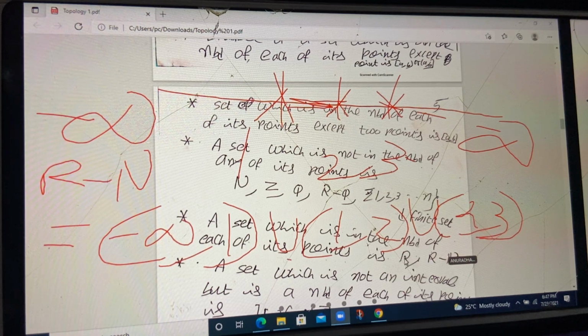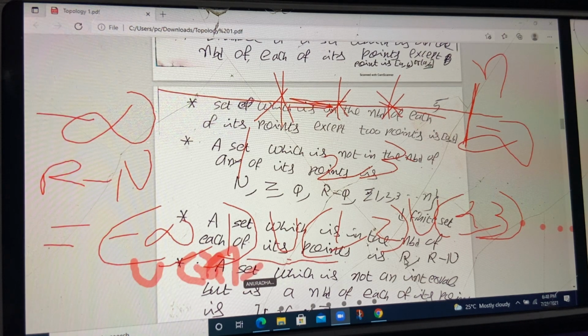What is the last natural number? Let us say n, then union n comma infinity. What is n? The last natural number, we don't know that.